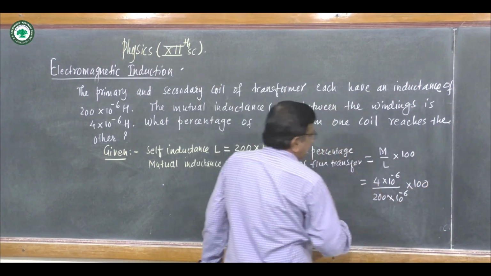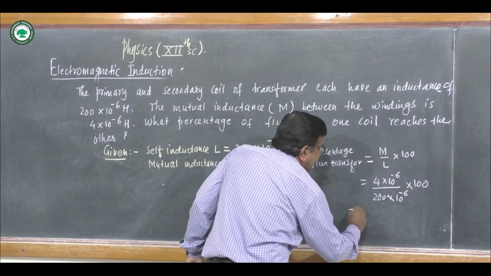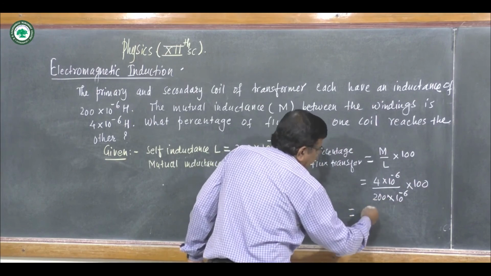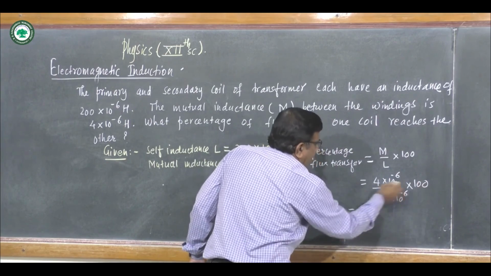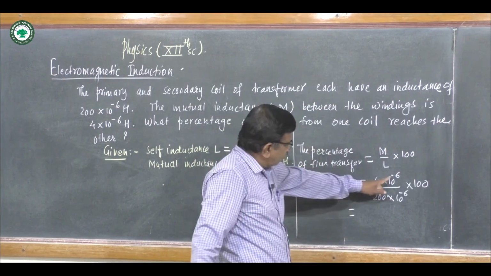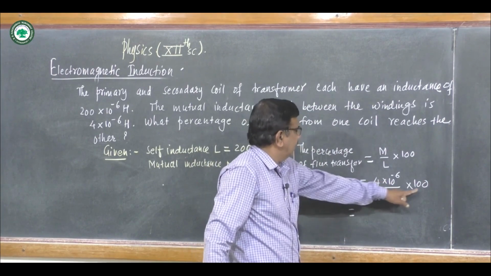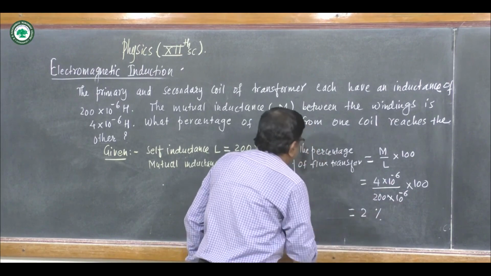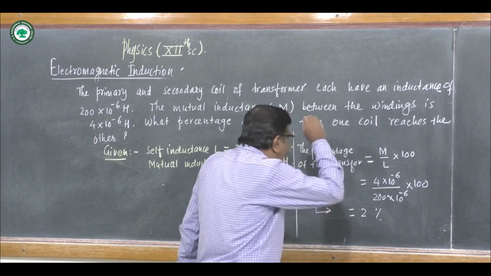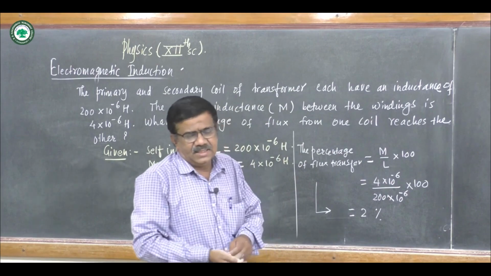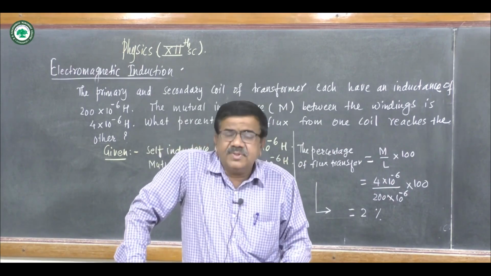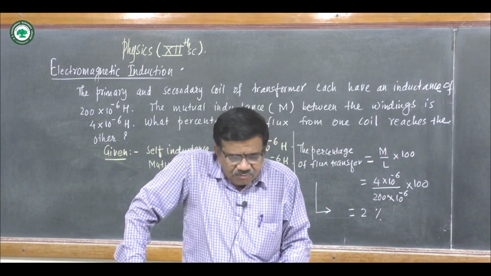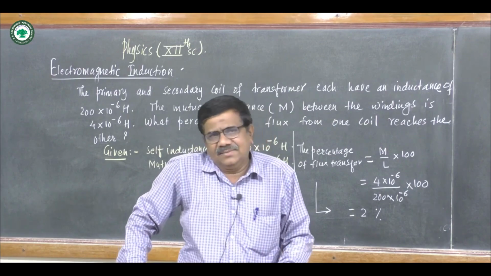The 10 raised to minus 6 gets cancelled. 4 into 100 is 400, upon 200 is 2%. So the percentage of flux transfer is 2%, or 2% of the flux from one coil reaches the other.